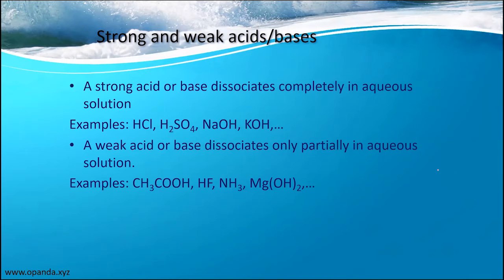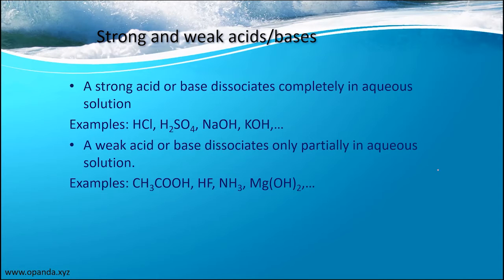Now, what is a strong acid? What is a strong base? What is a weak acid? What is a weak base? A strong acid or a strong base is the one which dissociates completely in aqueous solution. And this is also defined as a strong electrolyte.